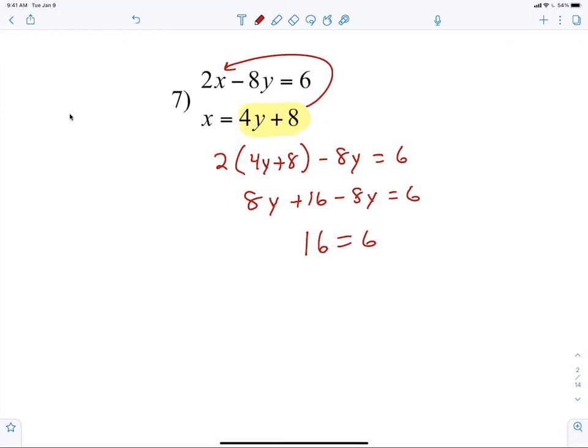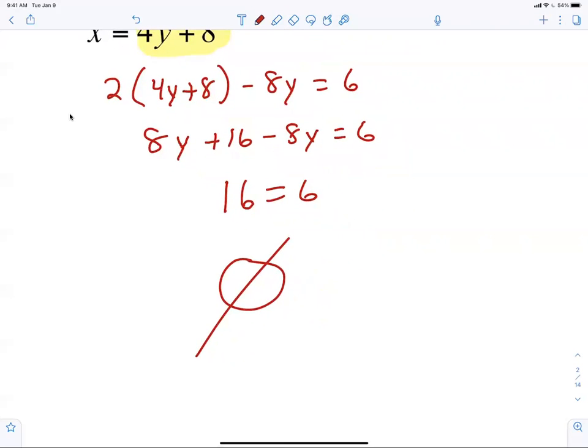I like this because that means that is correct. No solution. I want you to know no solution means what? Parallel lines.